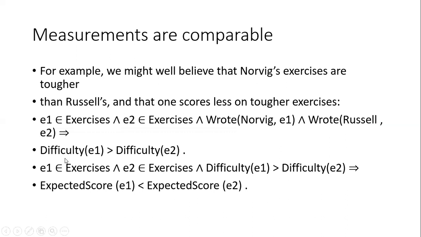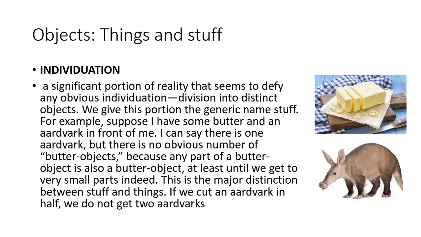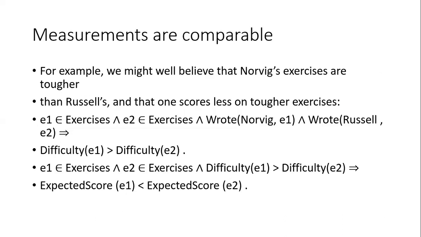If the difficulty of E1 is greater than the difficulty of E2, then the expected score of E1 will definitely be less than the expected score of E2, because with a difficult question paper our marks will be reduced. In this way you can compare and measure the object's values. Thank you.